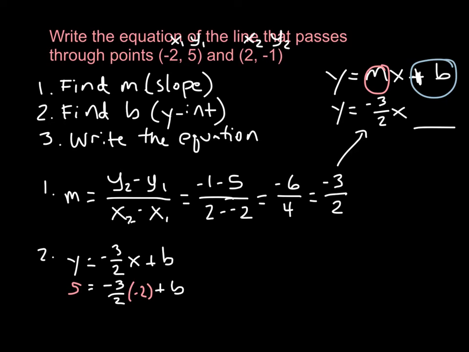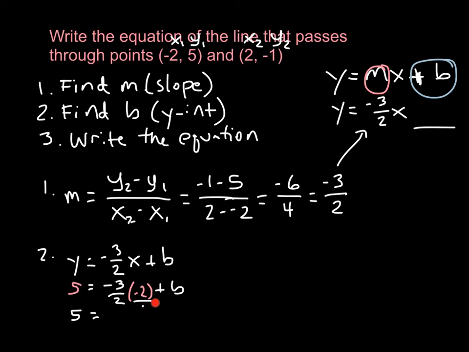So what I have here is this 5 stays where it is. And now we have -3/2 times -2. First of all, a negative times a negative is a positive, so this will be positive. You can think about -2 as being -2 over 1, so we're multiplying -3 times -2, which is +6. That's the numerator, +6, over 2 times 1, which is 2.